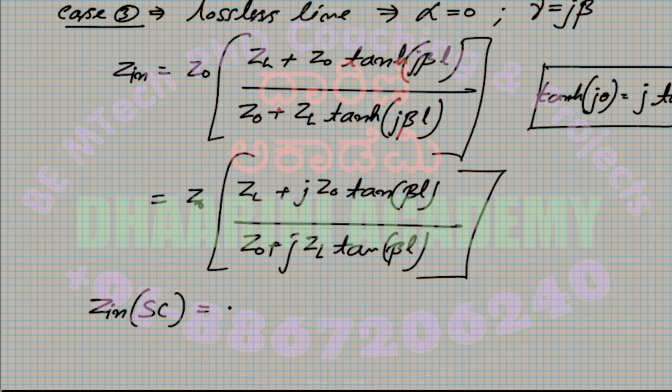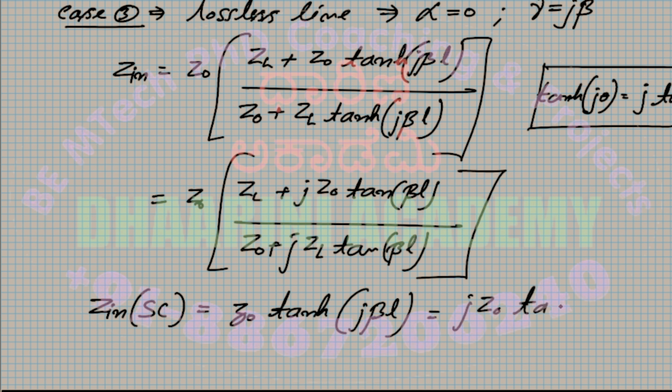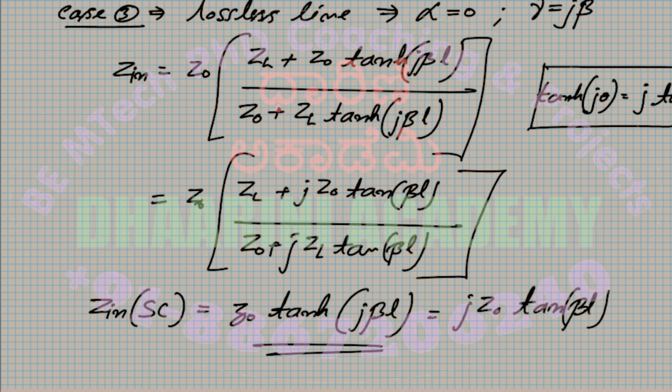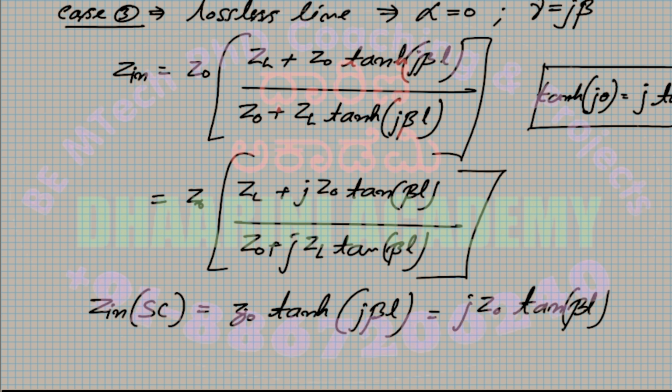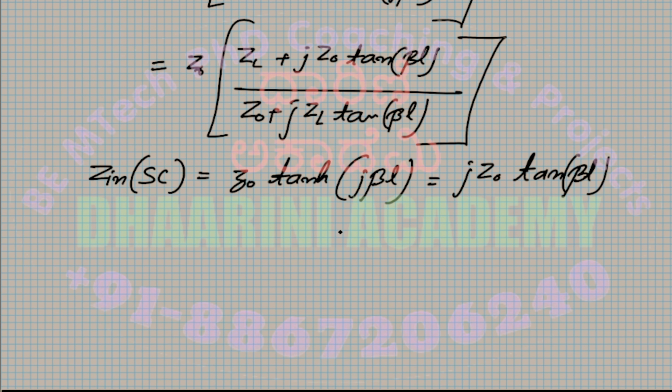From the previous equation, I know that this is simply Z naught tanh of j beta L. I substitute and I get j times Z naught tan beta L. This equation I already have from the previous case. The previously discussed short circuited equation will give you Z naught tanh gamma L. So I substitute gamma as j beta, because right now we are discussing the lossless case.